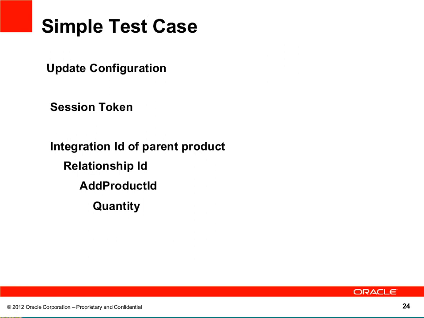Now we want to add a child product, and this child product is defined in a relationship. So we have to provide the product ID, the relationship ID, and then to which parent, the integration ID of the parent product. That's the integration ID of the immediate parent, the item which has the relationship to which you want to add a child product.